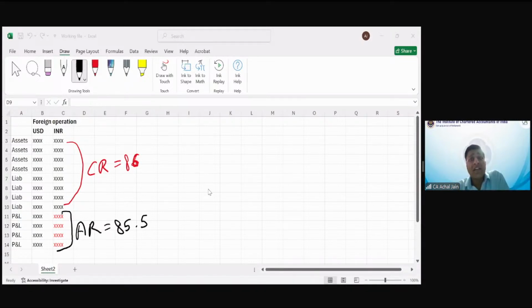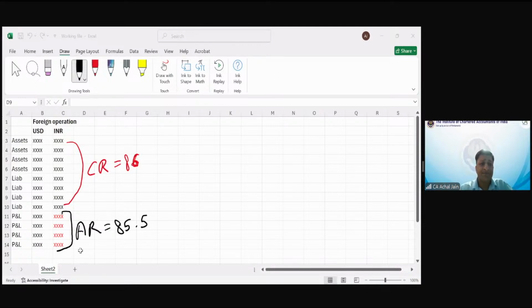And this difference which is going to get generated, we understand the reason for this difference. Can you say that this difference will be an error? No, because we know what we are doing. Accounting standard says that some items you will convert using closing rate, some items you will convert using average rate.